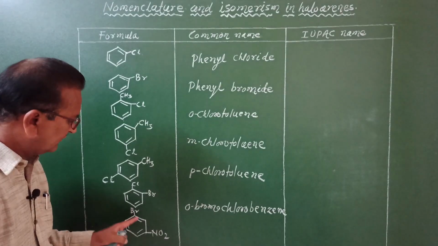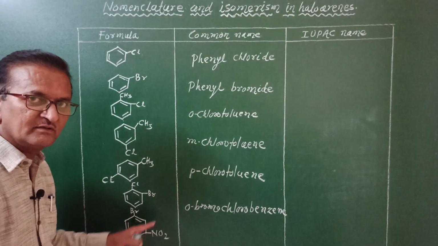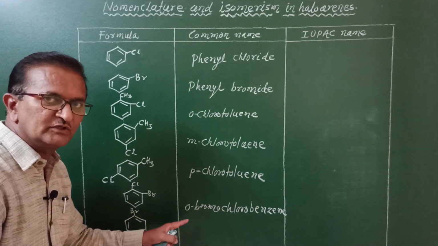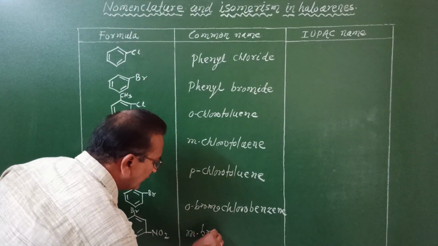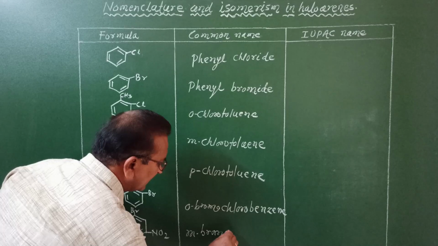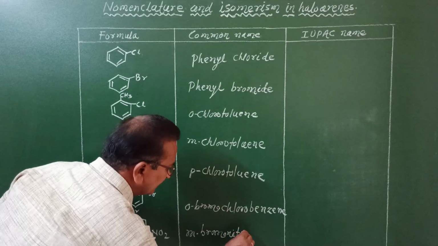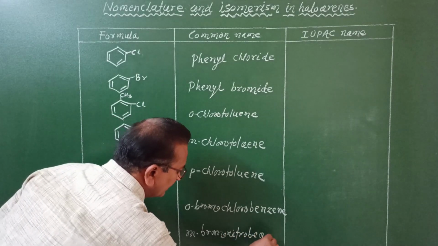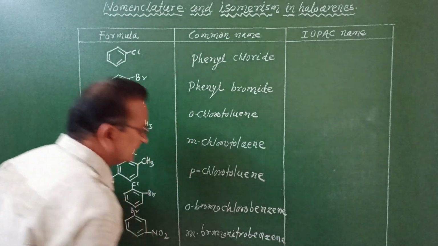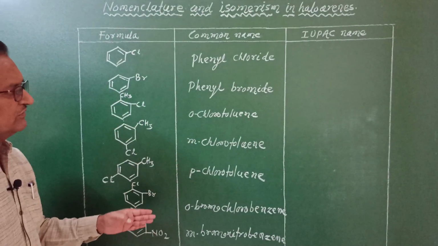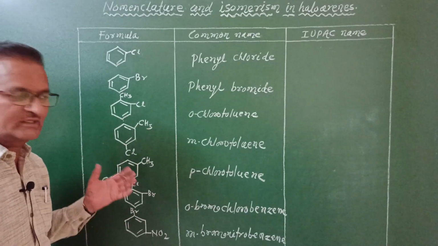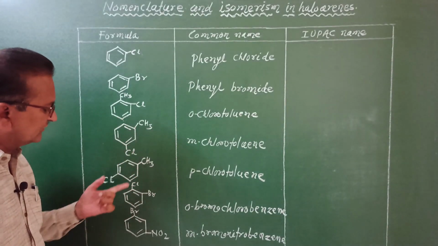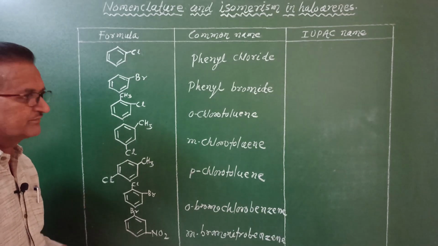And if 1 and 3 positions are there, then it is denoted as metabromonitrobenzene. So these are the common names of aryl halides, or we can say substituted aryl halides.